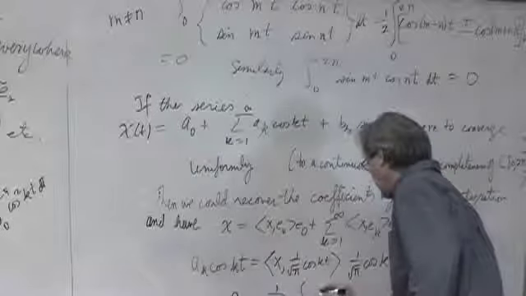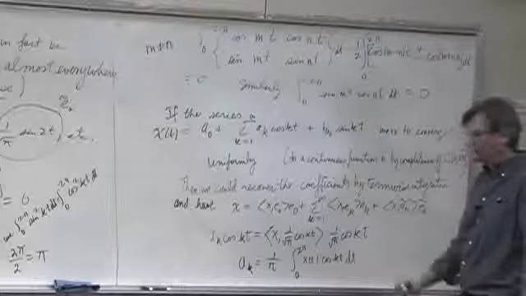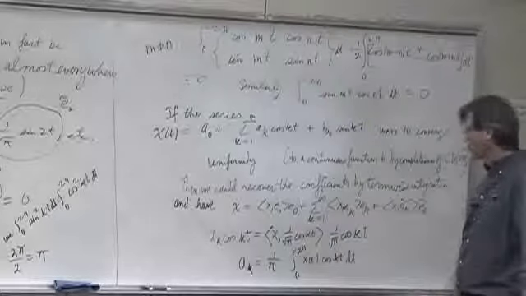So you would have to have that a_k equals 1 over pi, integral of x of t cosine kt dt from 0 to 2 pi. So that's the formula for a_k. And similarly for the other ones, b_k with the same thing, 1 over pi, and then the a_0, that's with a 1 over 2 pi.